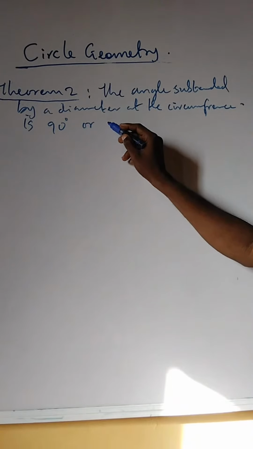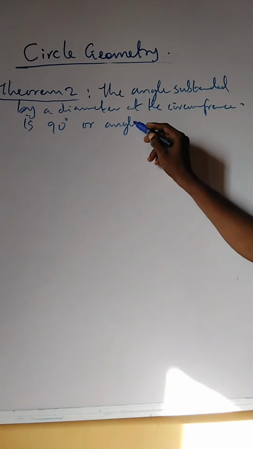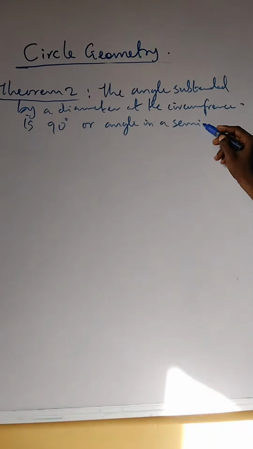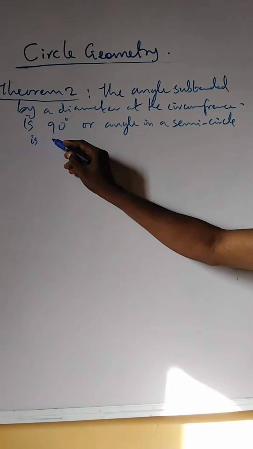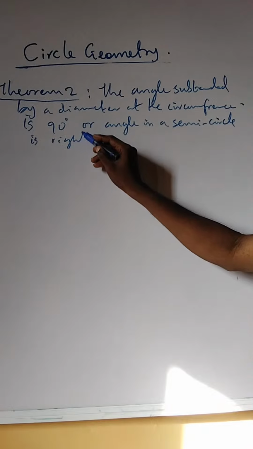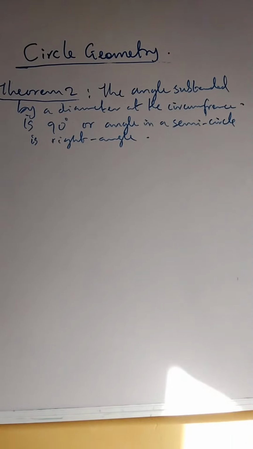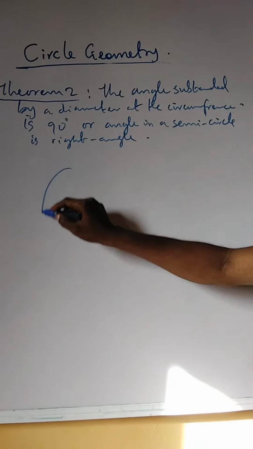Or we can say angle in a semicircle is a right angle. When you hear right angle, that's 90 degrees. Angle in a semicircle is 90 degrees. Now, the two mean the same thing.